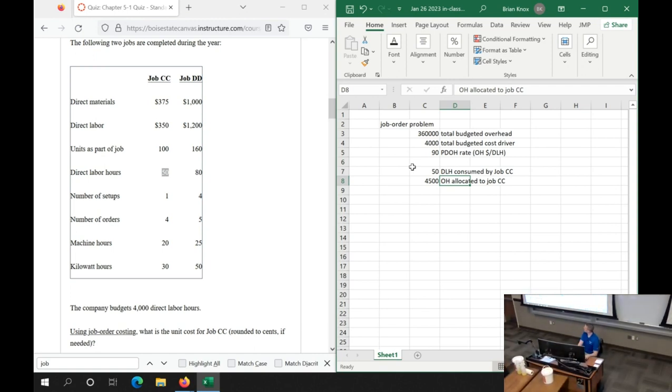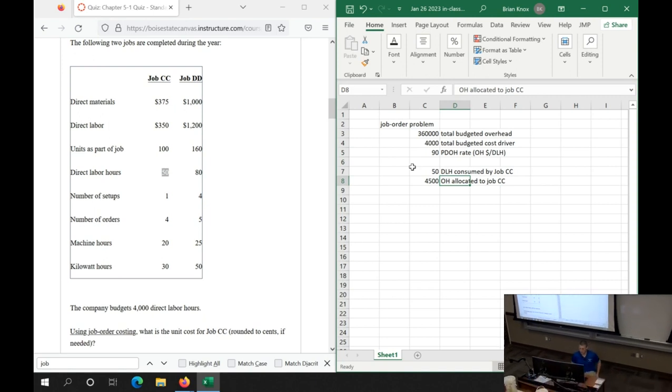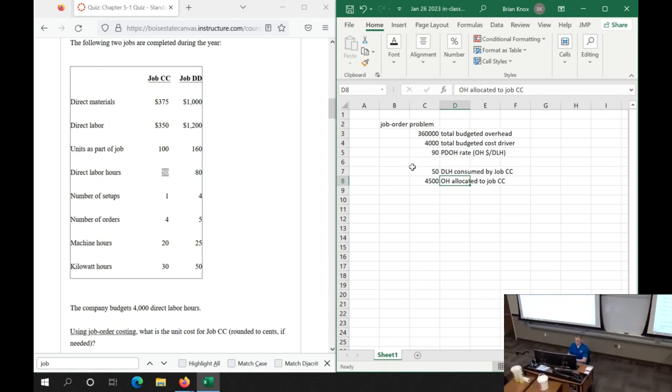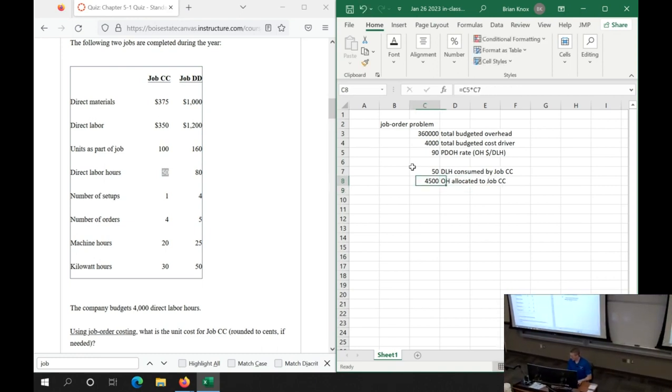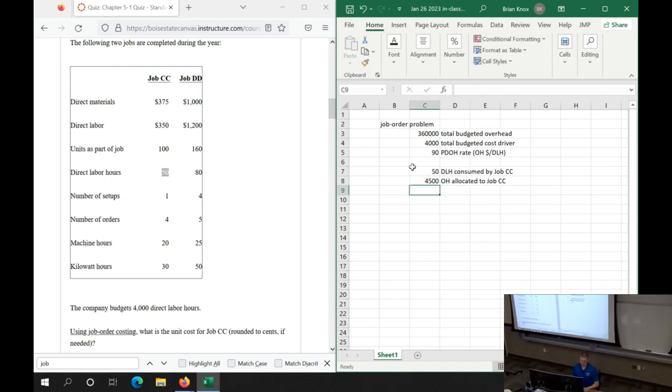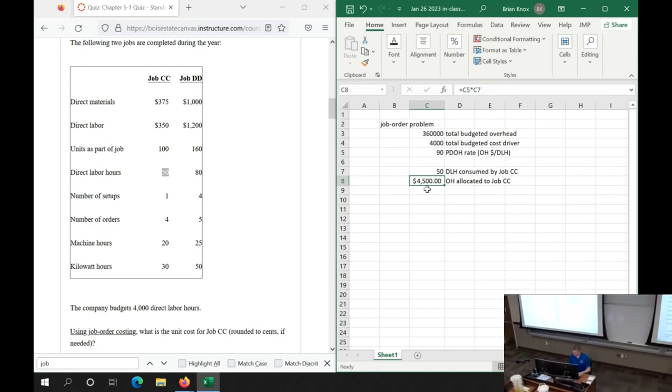There's one other A word as well. It's not coming to my mind right now. But a bunch of different words that mean the same thing. We're just pushing it to job CC. We're saying this is your responsibility. Absorbed is the other word I was thinking of. Absorbed by job CC. So that's the dollar amount that's absorbed in for overhead.